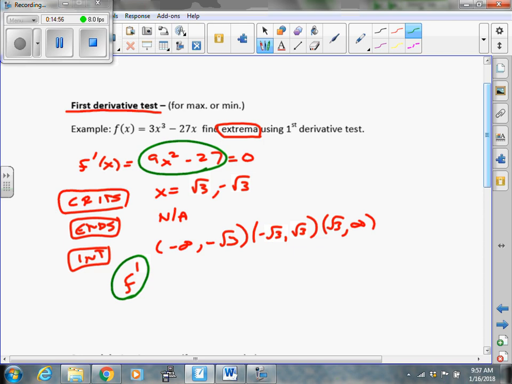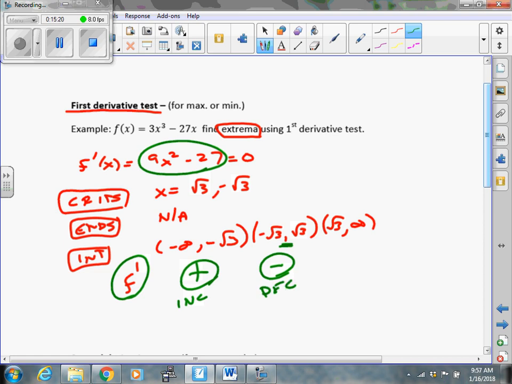I'm going to pick a number like -10. If I take 10 and I square it times 9, subtract 27, I'm going to get a positive number. And in this region here, if I pick 0, I get a negative number. So it's increasing, and the function now decreases.